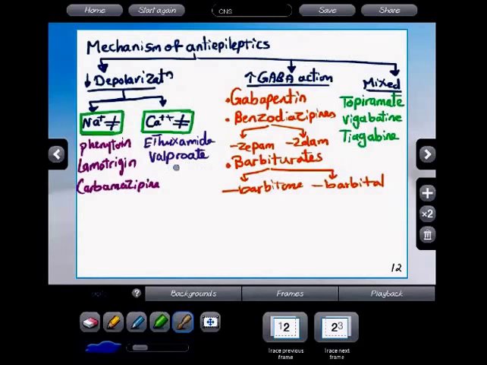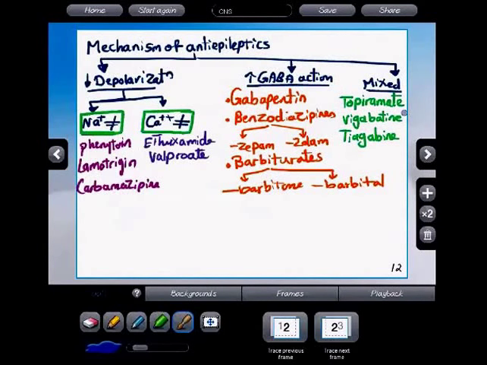Ethosuximide and valproate. And there are other drugs that can be used as GABA action inducers, like gabapentin, the benzodiazepines such as diazepam and lorazepam, and the barbiturates like barbitone and barbital.